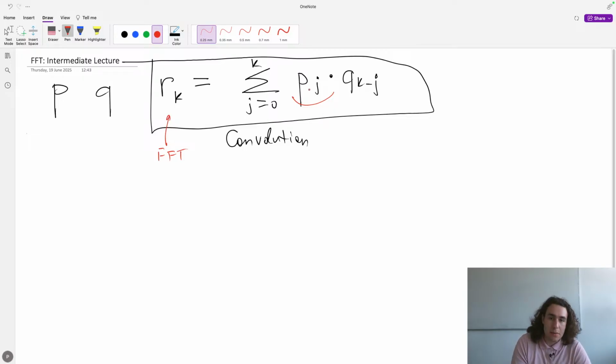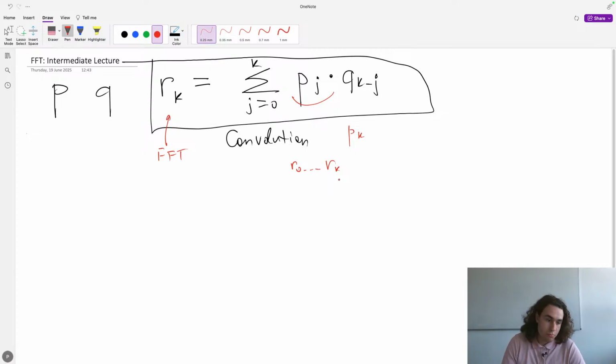And when we're given some value like Pk, we should be able to compute R0 up to Rk already, because R0 to Rk only depend on P0 to Pk. And FFT does it in an offline setting, when we're already given both of our sequences, but we're going to learn how to solve this problem not much slower when the P's are given one by one. And after we're given Pk, we already know Rk.